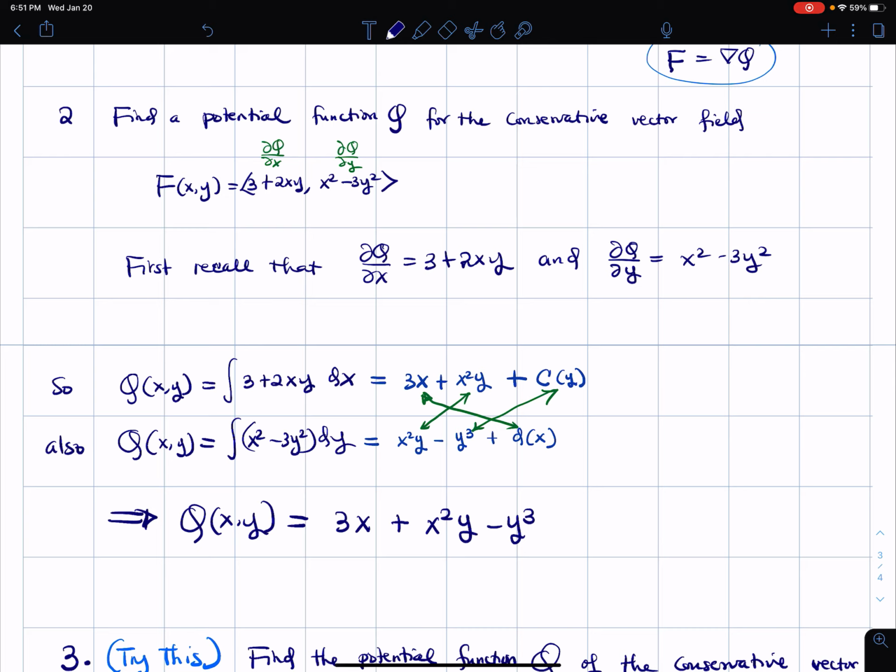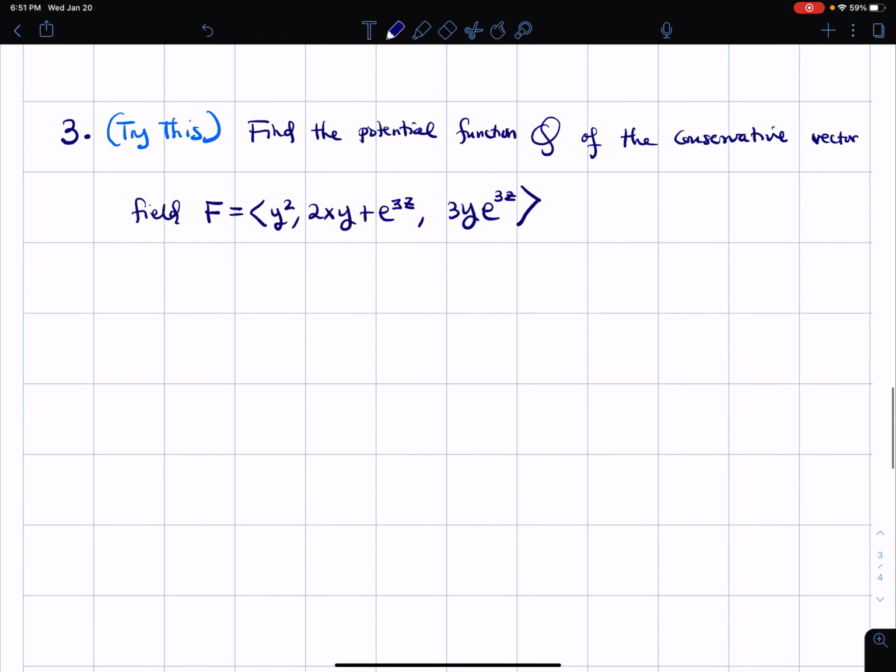And then when you do the integral with respect to y, your constant will be d of xz. Then you try again, your constant will be maybe capital E of xy or something like that. All right. And then you go from there and do your comparison.